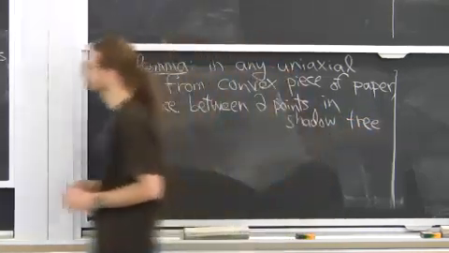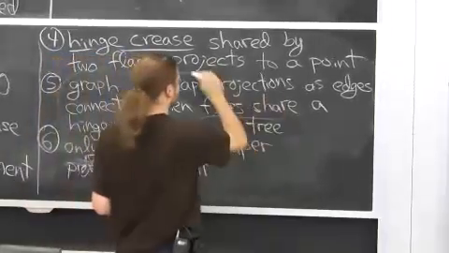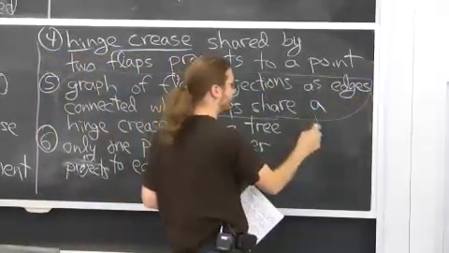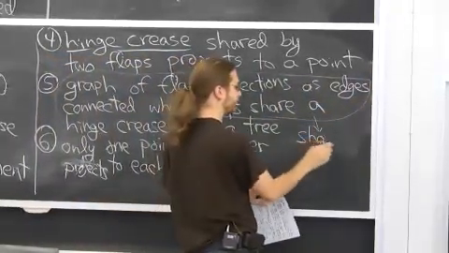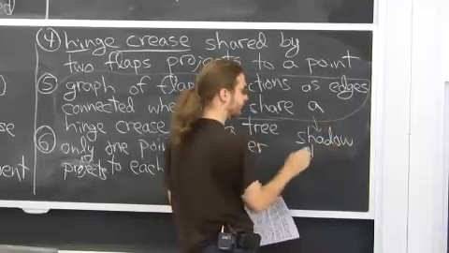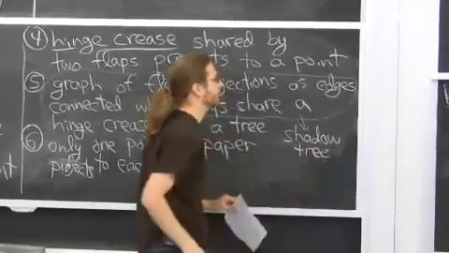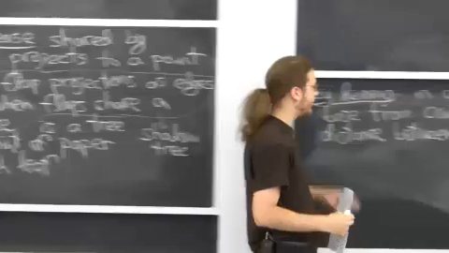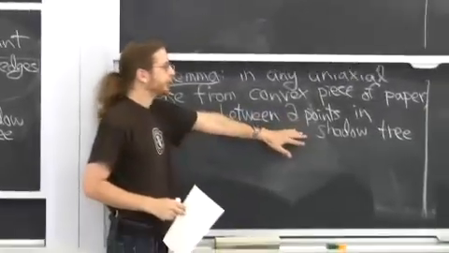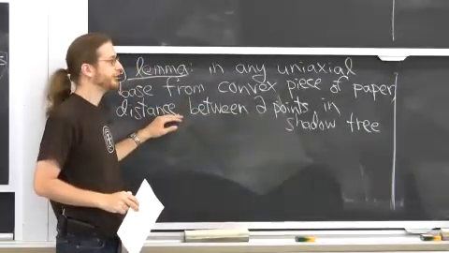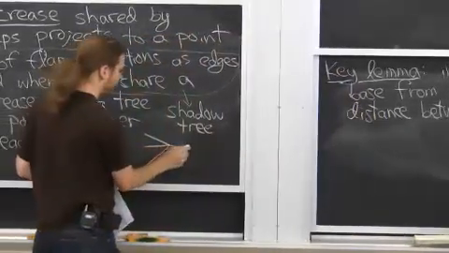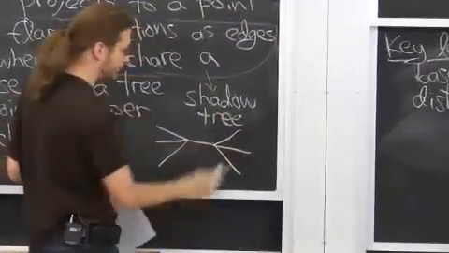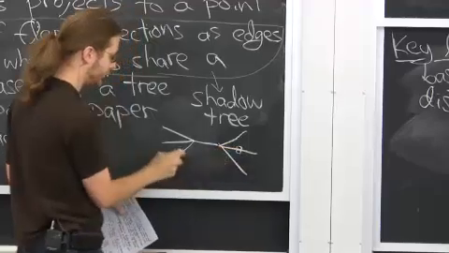I didn't give a name, but this graph that's supposed to be a tree, I'm going to call the shadow tree for obvious reasons. And now I want to take 2 points in the shadow tree, measure their distance in a tree sense. So if I have some tree like this, I have 2 points, like say this point and that point.